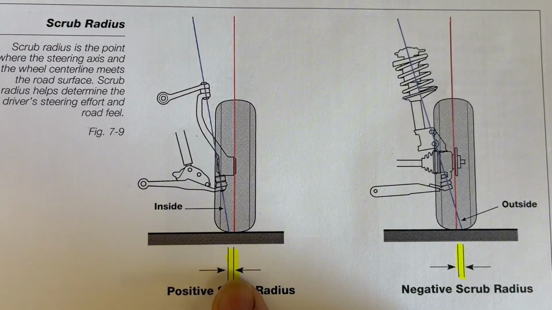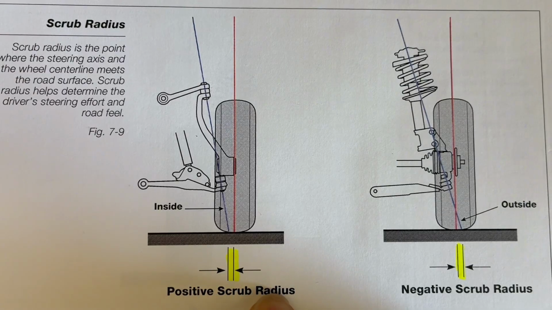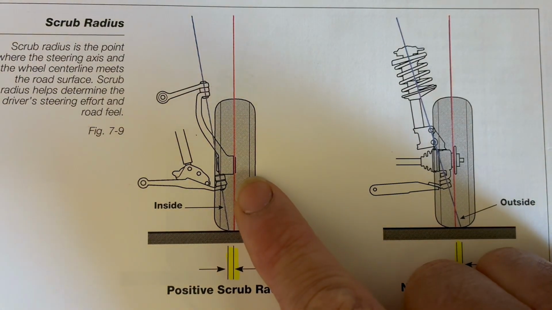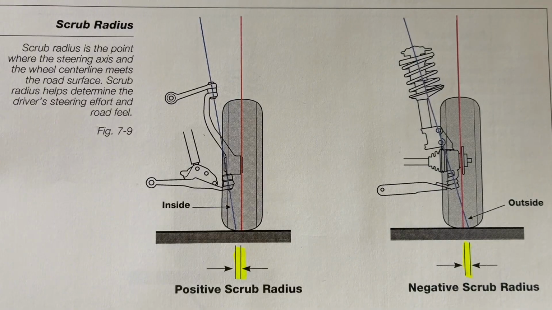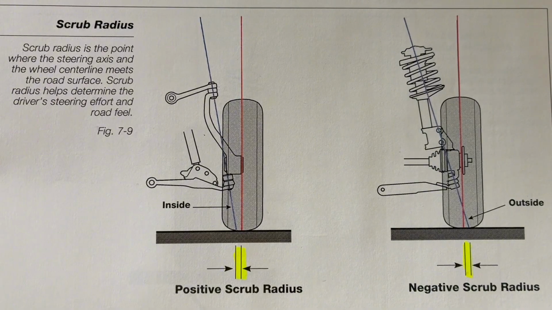It has about 15 millimeters of positive scrub radius, and the stock wheel is 25 millimeter positive offset. When I install an aftermarket zero offset wheel, combined with the positive radius, the total would be 40 millimeters combined.